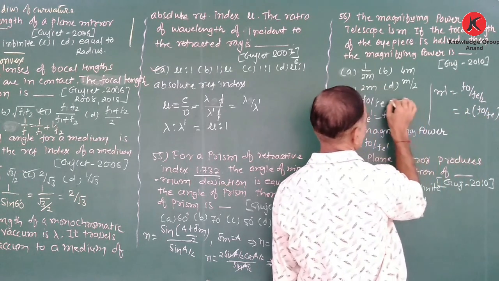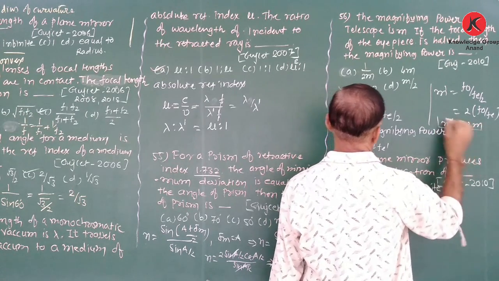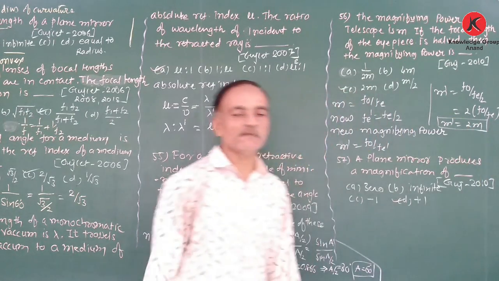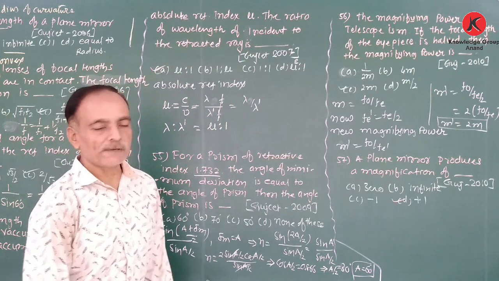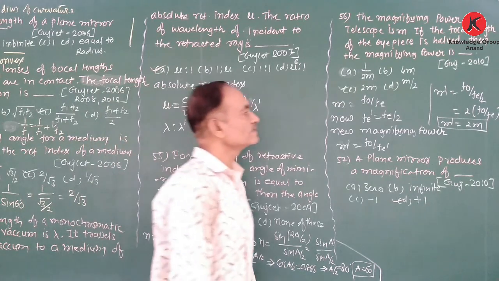But f o upon f is equal to m. Therefore 2m. The magnifying power becomes double if the focal length of the eyepiece becomes half.